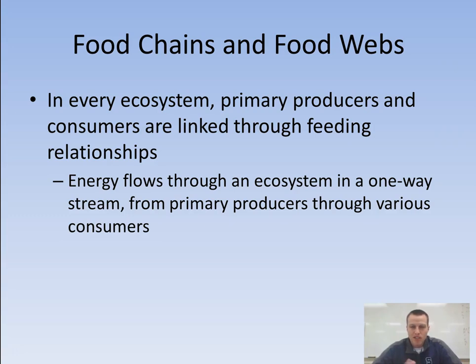So what we're going to be looking at here is energy. So how does energy flow through the ecosystem? Well, energy flows one way only, so it's kind of like a one-way stream. It goes downstream, not upstream, from primary producers through various consumers.